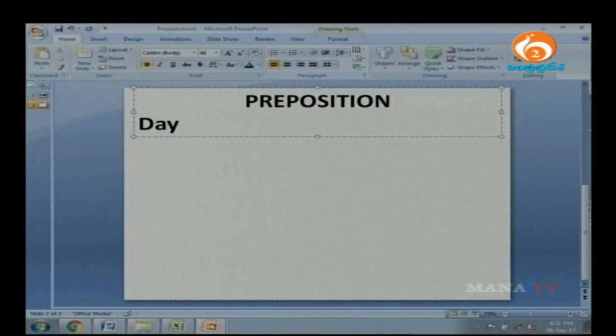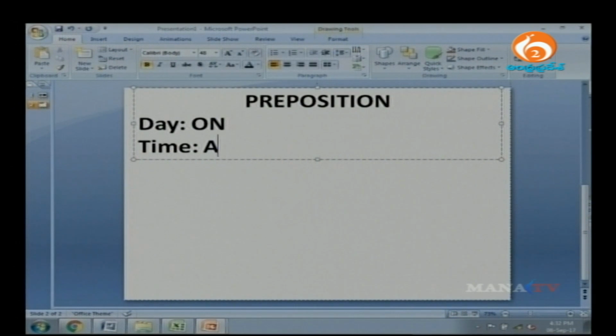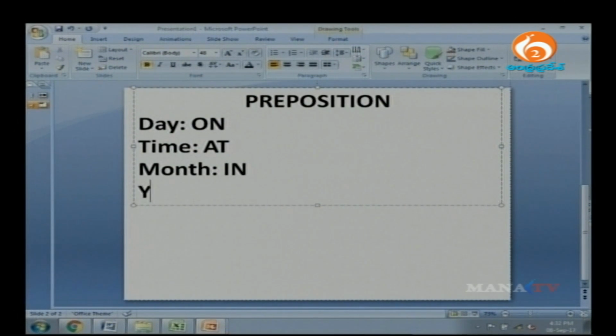If I have day, then my preposition is on. If my time is a particular time, my preposition will be at. If my word is a month, it will be in. If it's year, it will be in.